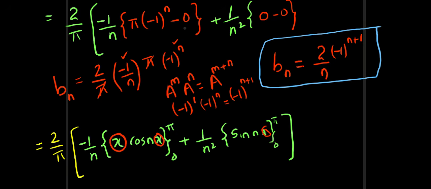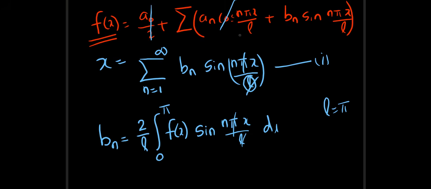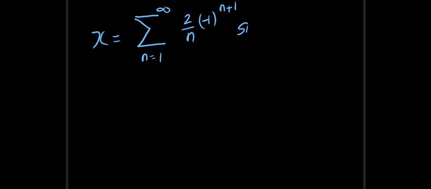What is our bn? 2 by n into minus 1 the whole power n plus 1 and sine nx. Okay, that's it. So this is our Fourier series.